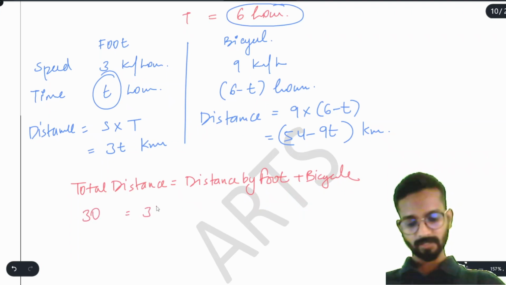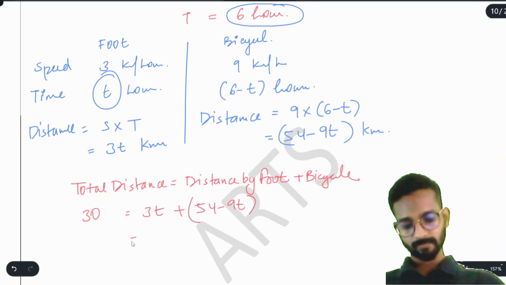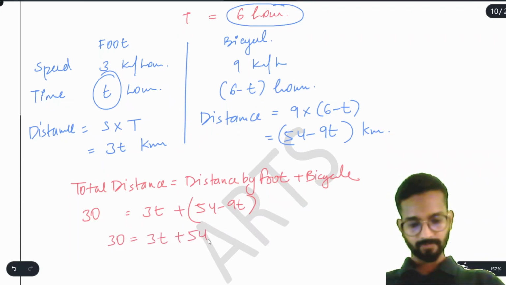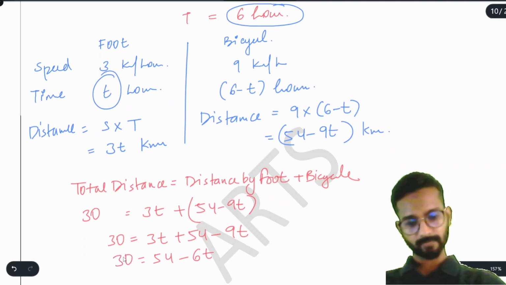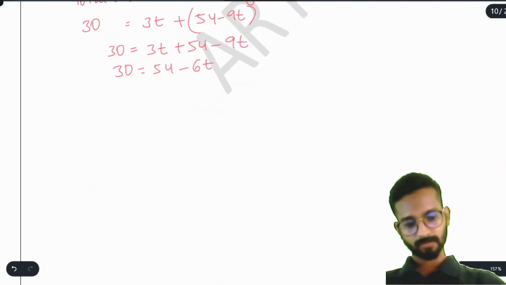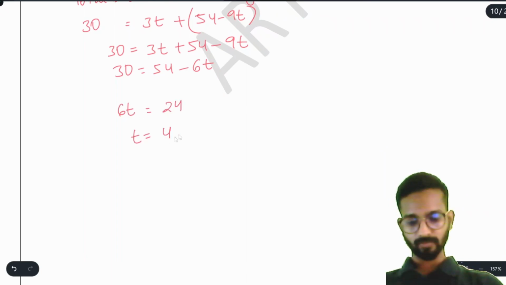Distance by foot is 3t plus bicycle is 54 minus 9t. 30 is equal to 3t plus 54 minus 9t. It will become 54 minus 6t. That is 24 is equal to 6t. t is equal to 4 hours.